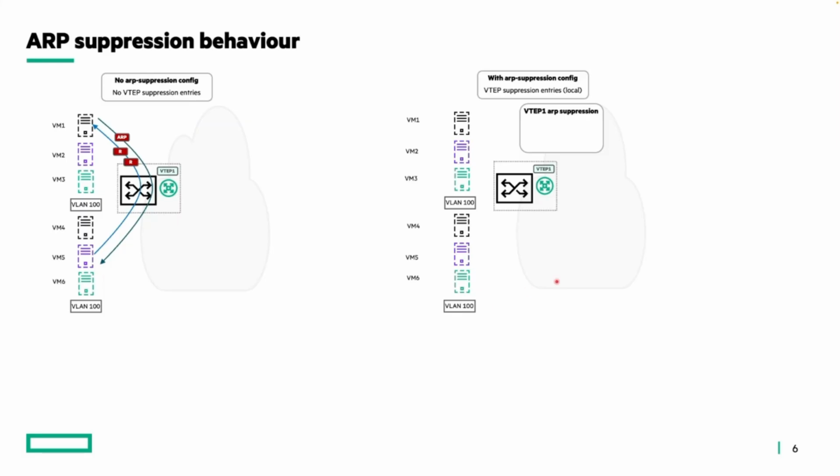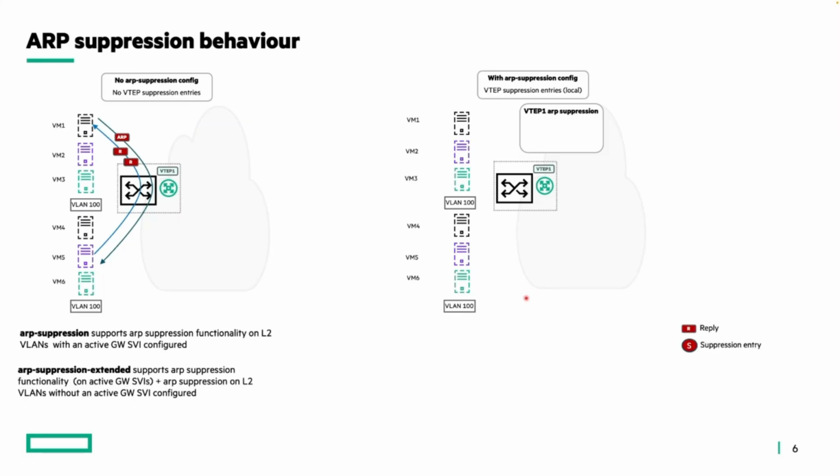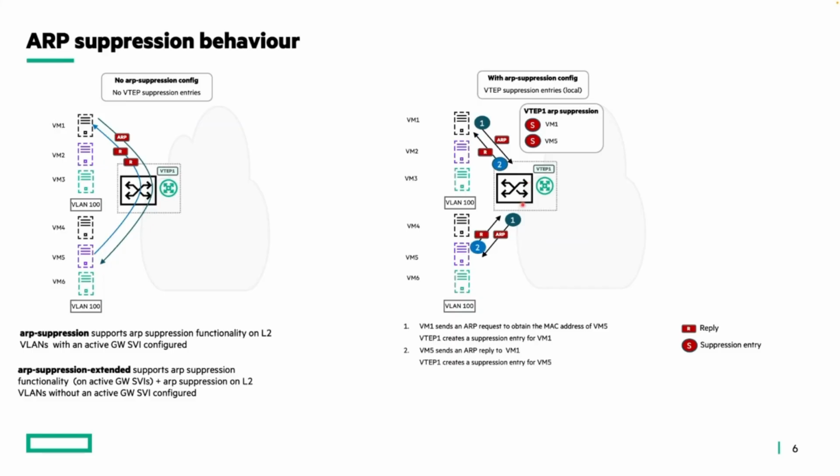So now let's talk about the second topology with suppression configuration enabled. When VM1 sends an ARP request to obtain the MAC address of VM5 here, VTEP1 creates a suppression entry. And then when VM5 sends a response to VM1, VTEP again creates a suppression entry for VM5.